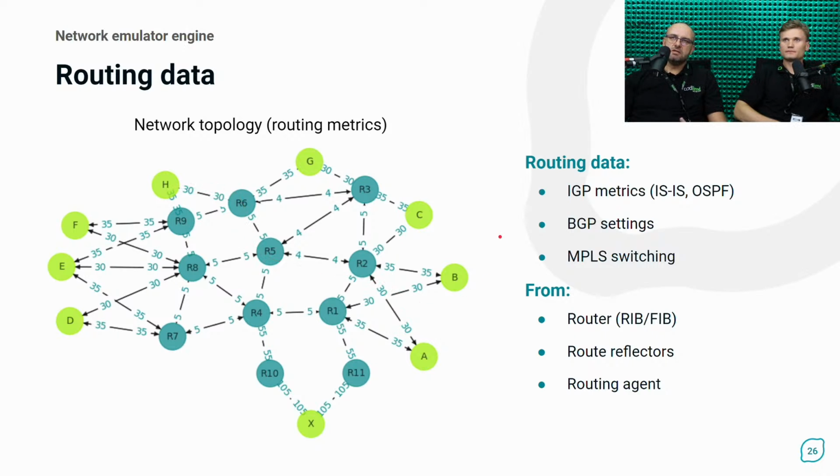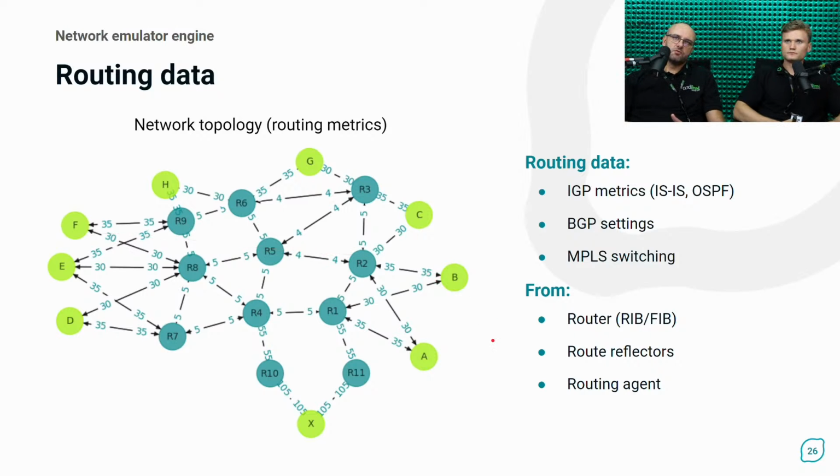But in reality, usually in such a network, we are using a couple of routing protocols, IGP, BGP, or MPLS switching. So the objective is to take all these settings and to determine what the routing paths in our network are, between any pair of edge routers.